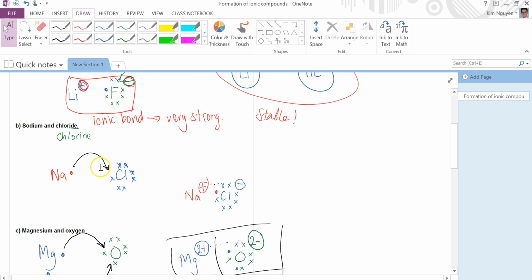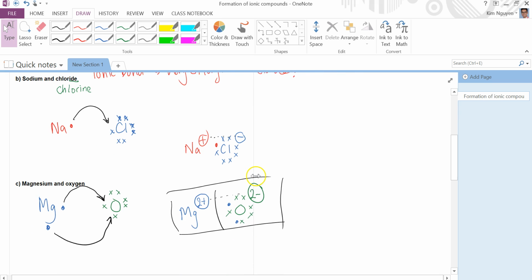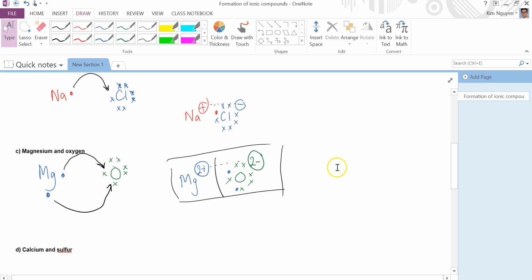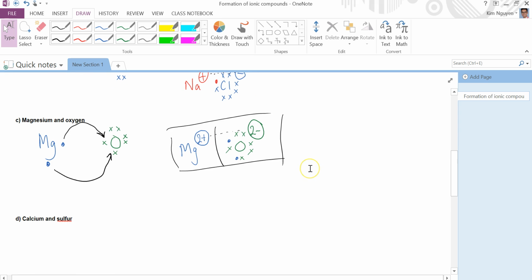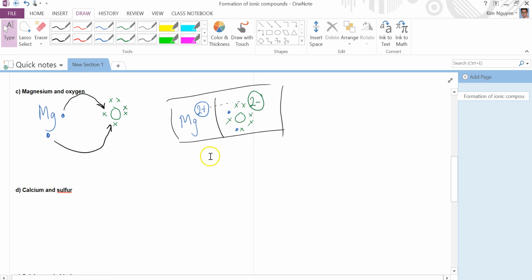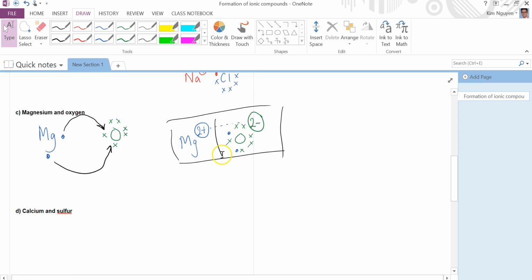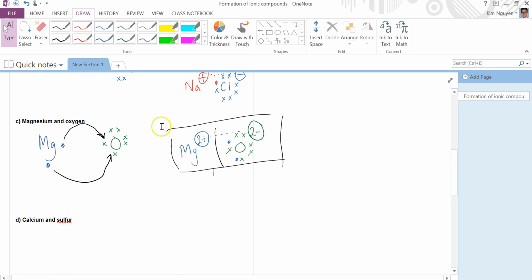And these single charges aren't as strong as the double charges that we see with magnesium and oxygen. So we see some differences in the properties of these compounds, which we'll talk about in another video.